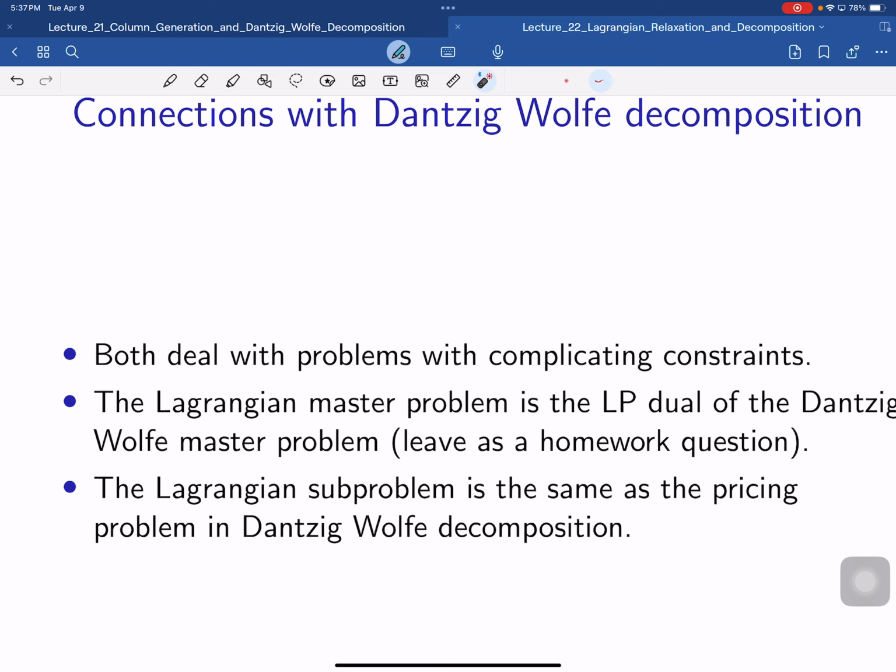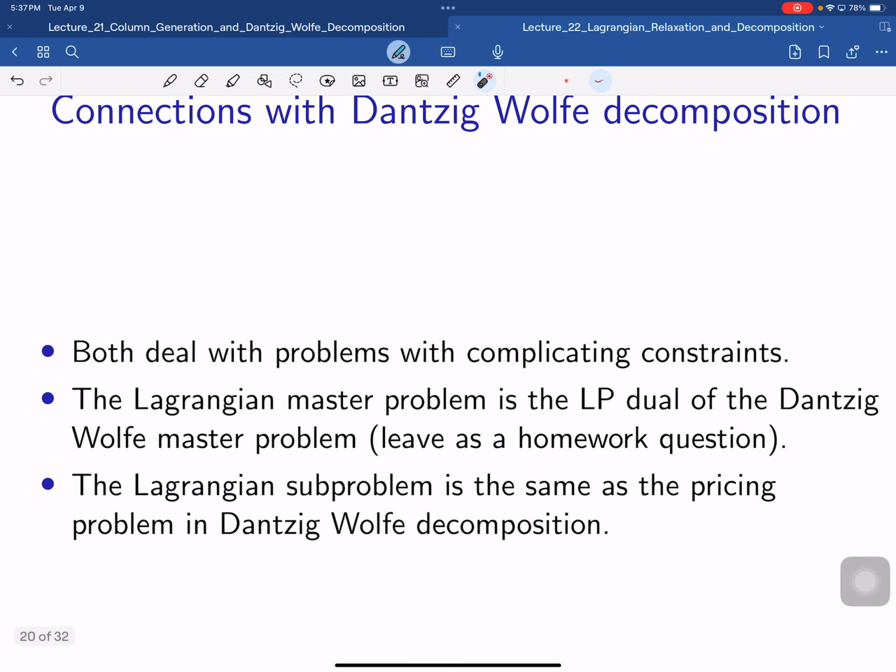Remember that each extreme point in the Dantzig-Wolfe master problem is a column, and here in the Lagrangian master problem, each extreme point is a constraint. So there's some duality here. You can show that the Lagrangian master problem is the linear programming dual of the Dantzig-Wolfe master problem.